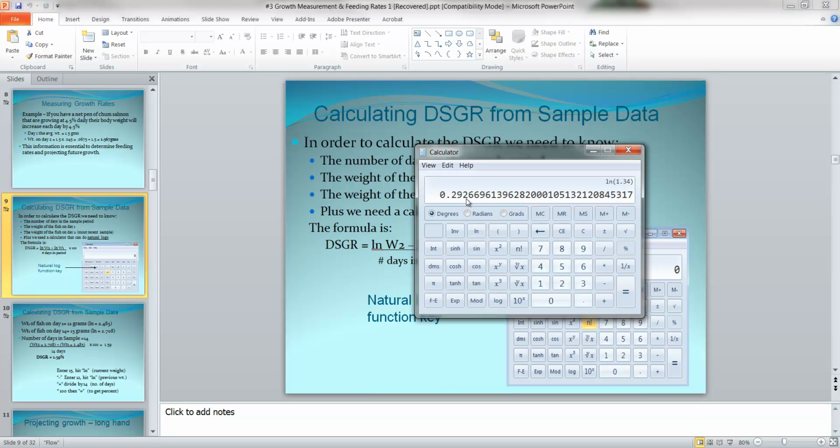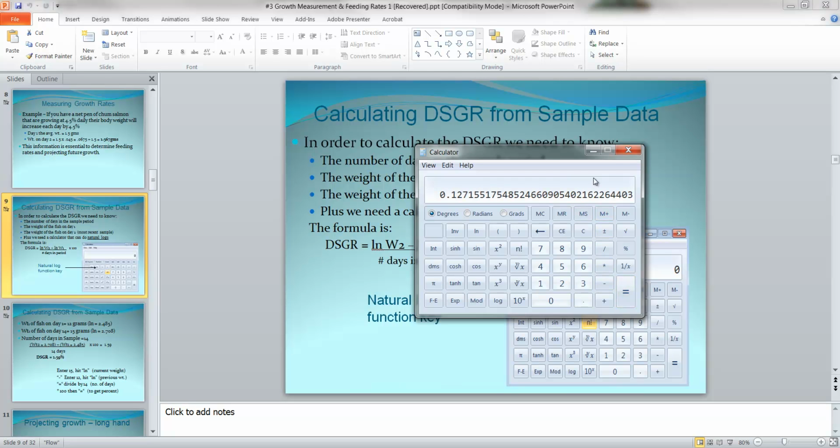I know it doesn't make a whole lot of sense to you, but stick with me here. Then we subtract the natural log of the old weight, 1.18 grams, and then I hit equals.